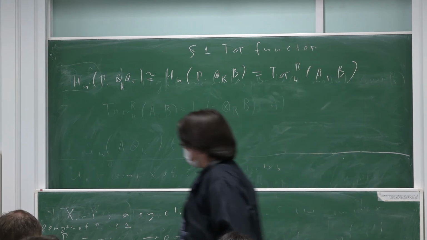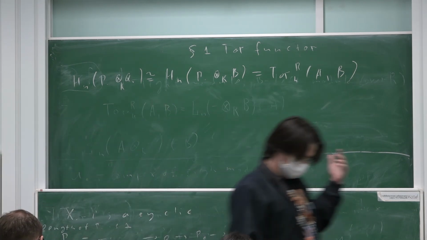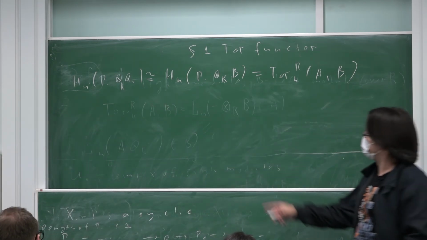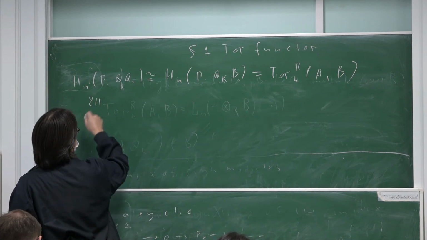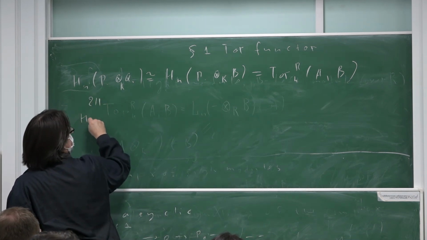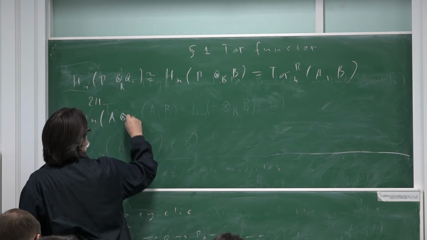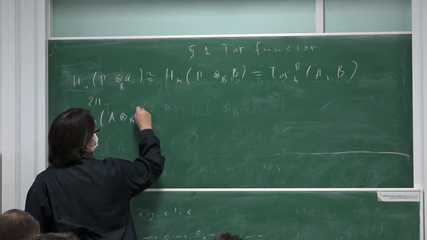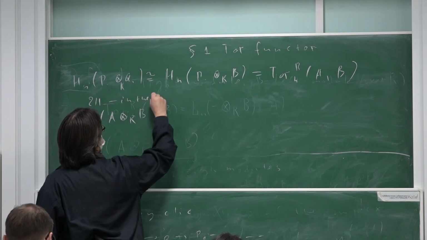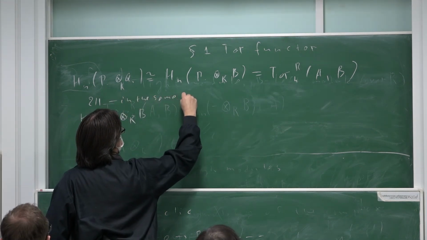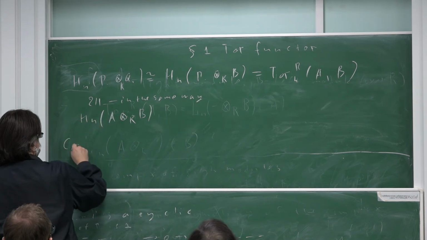But in the same way, we can prove that they are isomorphic, that is isomorphic to Hn of A tensor over R of Q. And so we get a corollary.